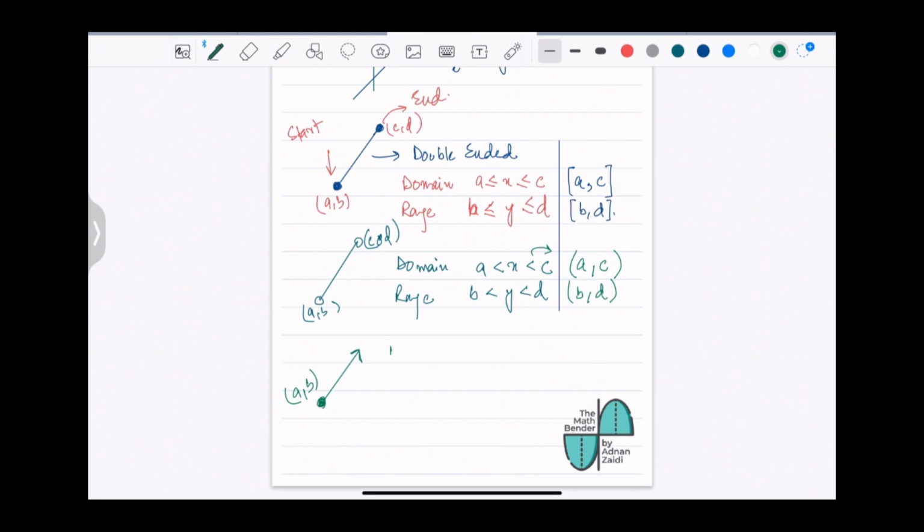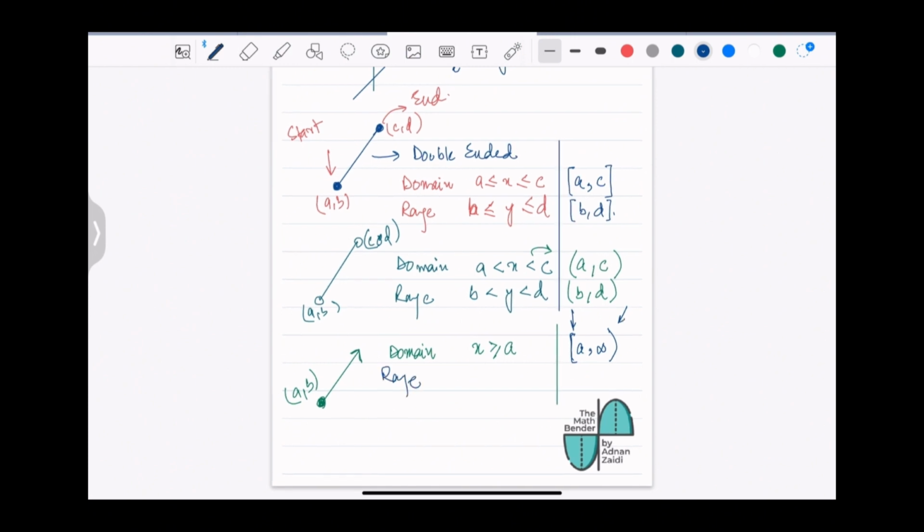Now the domain becomes x is greater than or equal to a, and if you want to write it in the American system, we say [a, infinity). Since a is part of the domain, it has a square bracket, and since infinity cannot be attained, a round bracket.